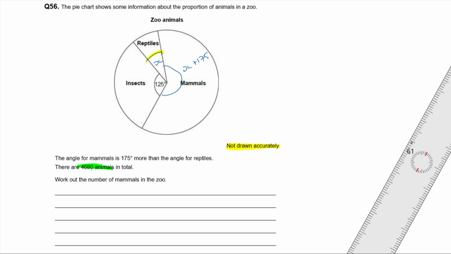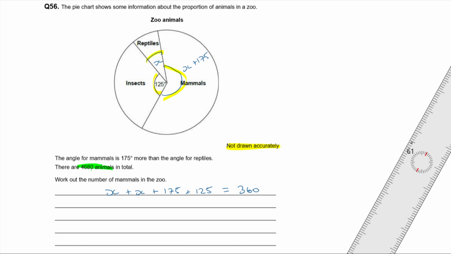Right, so I know that those three angles together need to add up to a full turn, or 360. So the x for reptiles, plus the x plus 175 for mammals, plus the 125 for insects, must be equal to 360 degrees.